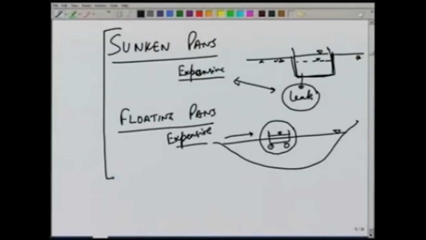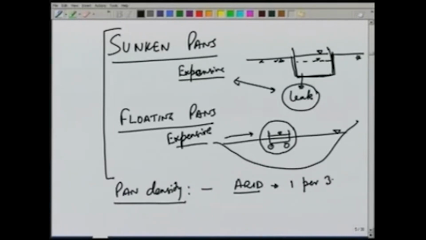If the evaporation pan is not available, there is a requirement of pan density. Pan density is suggested by the World Meteorological Organization. For arid areas where we expect high evaporation, we should have one evaporation pan in an area of about 30,000 square kilometers.